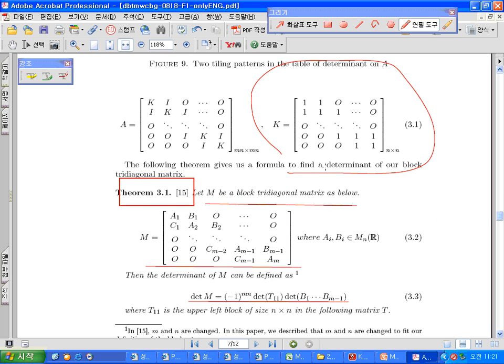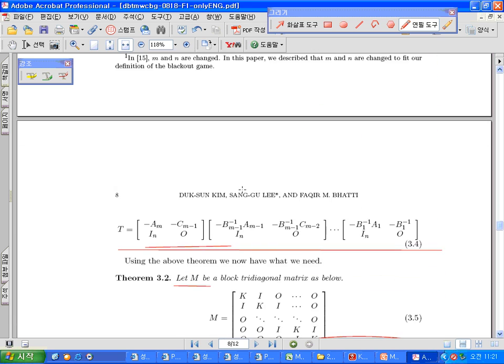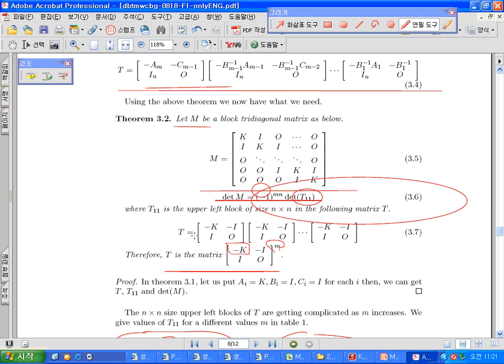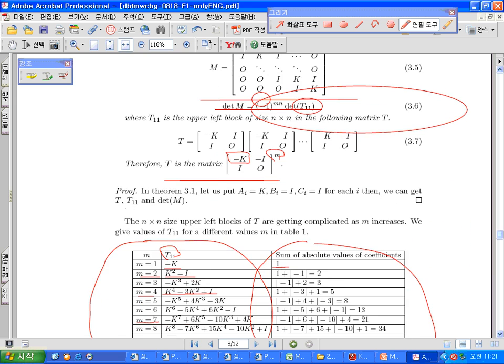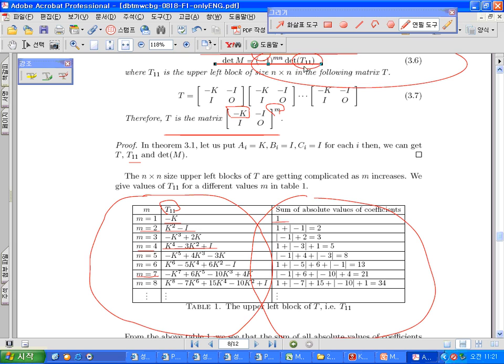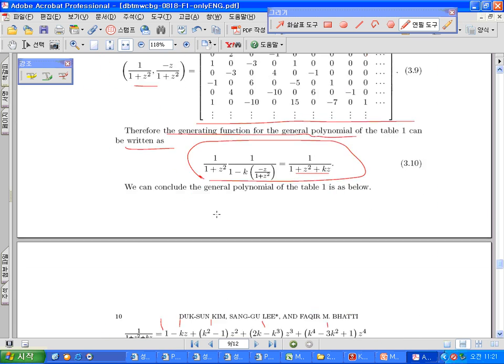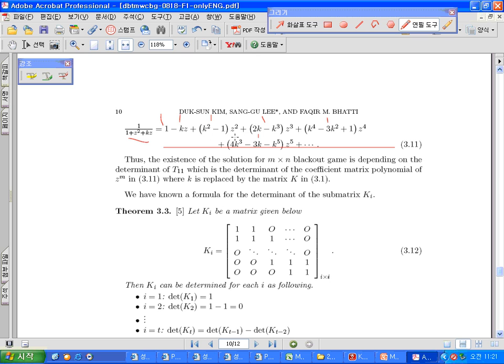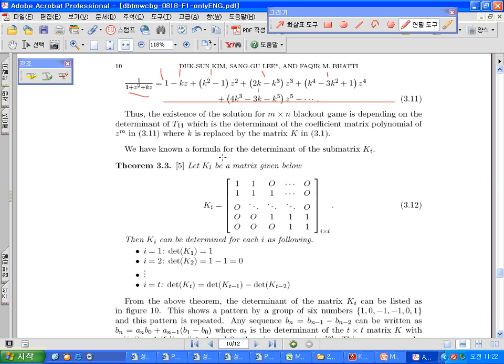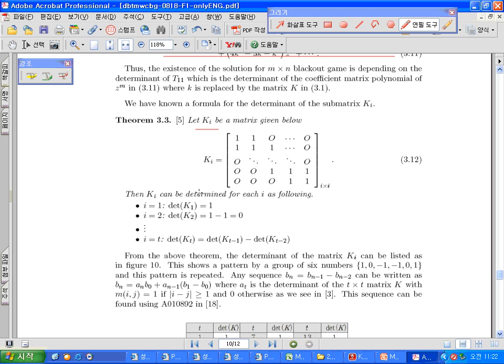So the determinant of T11 depends on this series. Let Ki be the matrix of size i by i in this form.